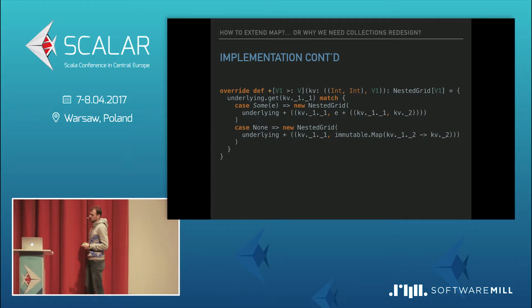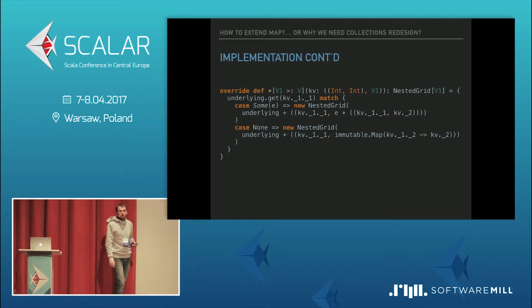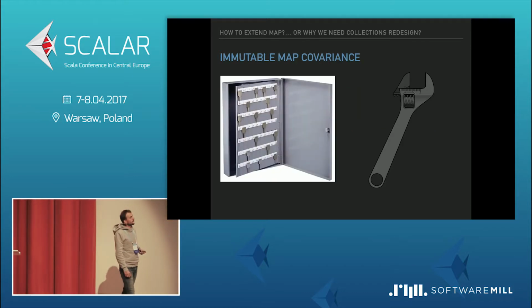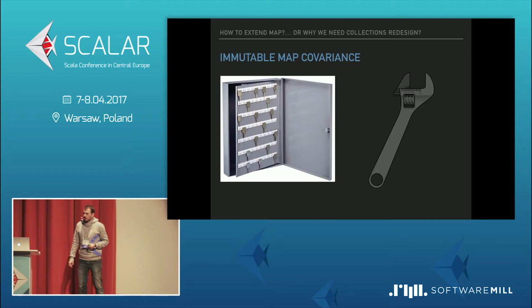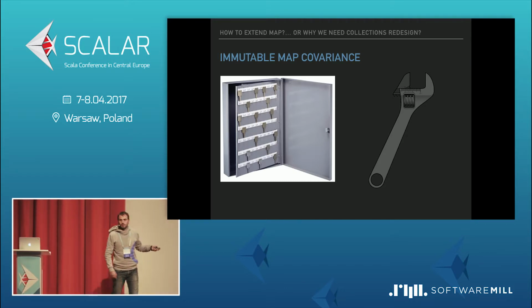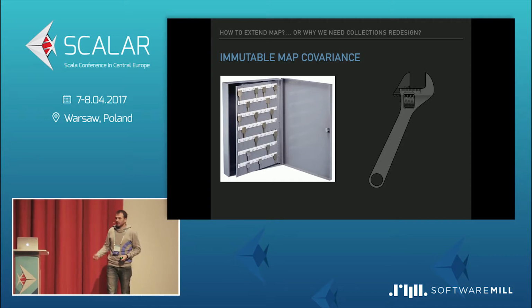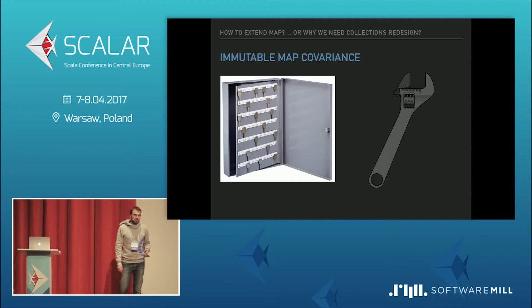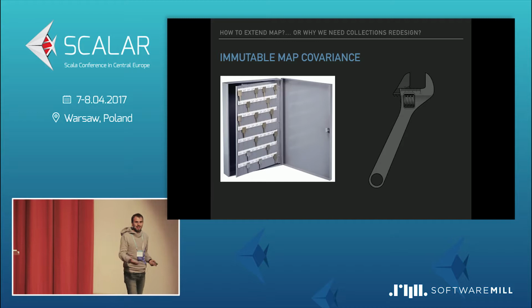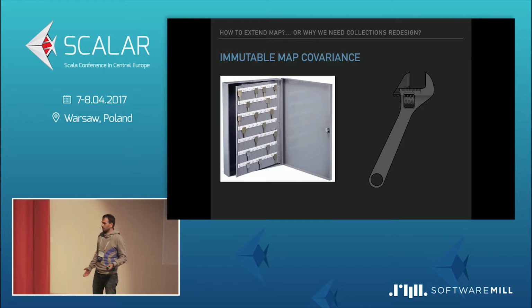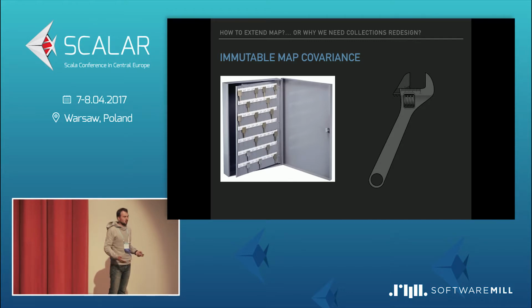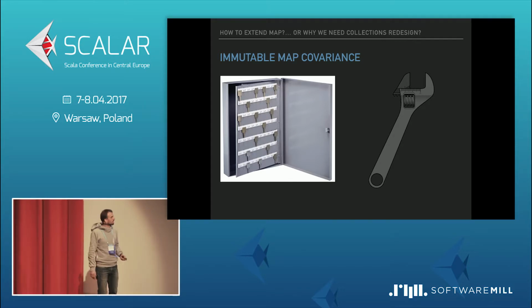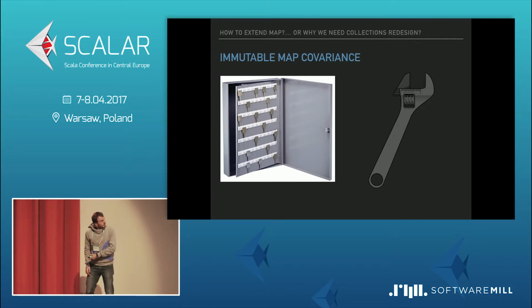Okay, so to remember the covariance law, I've got a riddle for you. The riddle is how to put an English key, or in Polish it's called a French key actually, into the key cabinet. So if you spot a Scala developer, he will say, whoa, what's the problem? If the cabinet is immutable, you just put it somewhere, right?